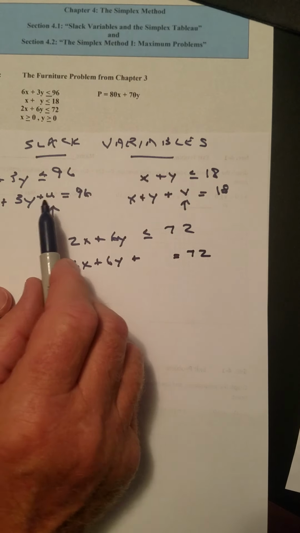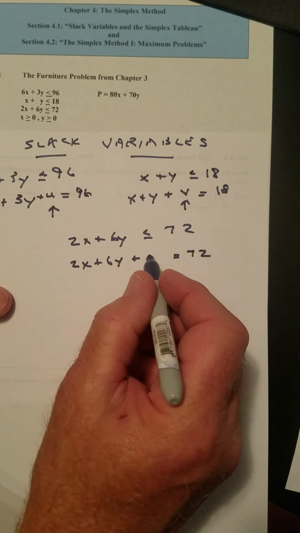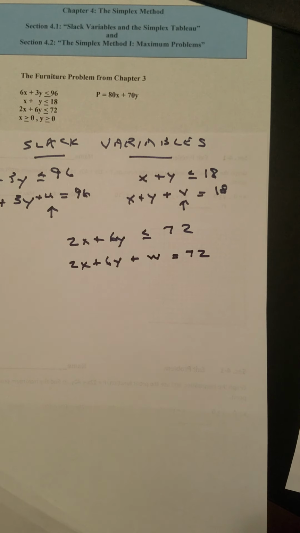So I used u here, I used v there, I'm going to use w here. And those are common variables that they use. You could use anything but u, v, and w. And if you had 4 inequalities, then you got to come up with another variable. We're not going to do any of those, so we're not going to worry about that.